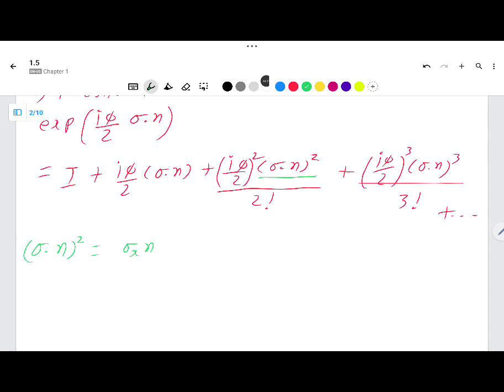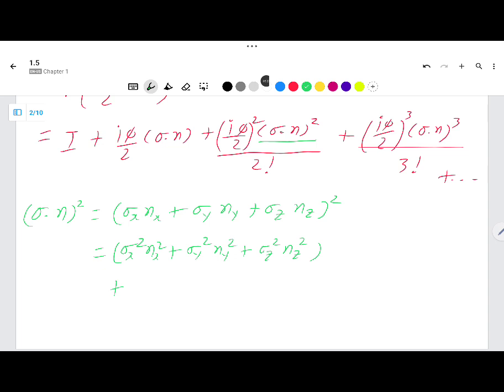It will be sigma x n x plus sigma y n y plus sigma z n z, the full term squared. And it gives sigma x squared n x squared, and so on, plus there will be cross terms.